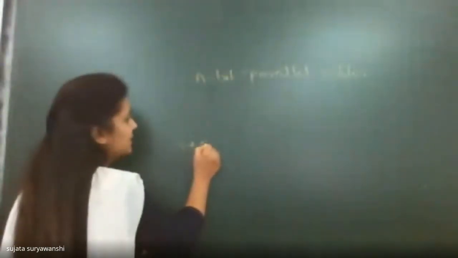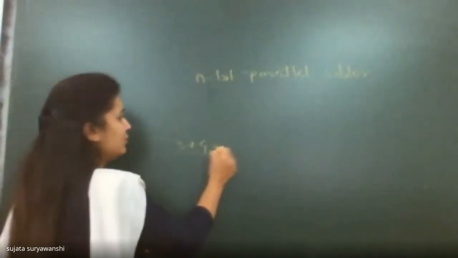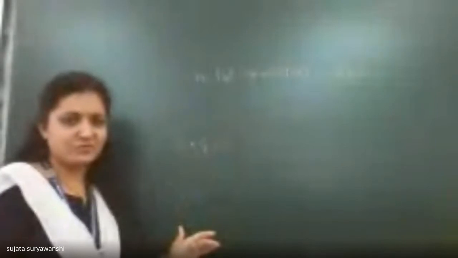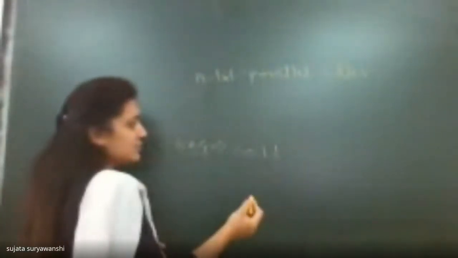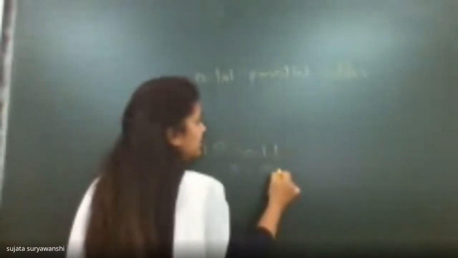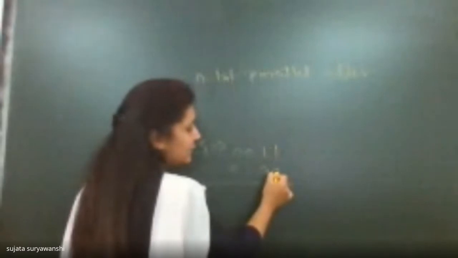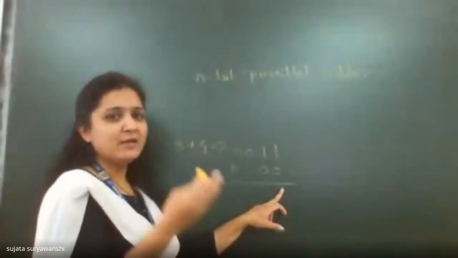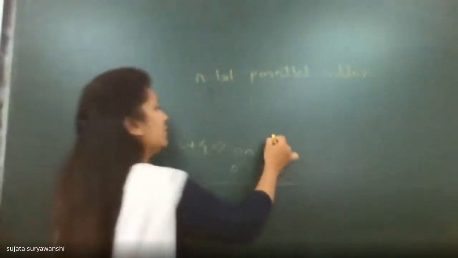But in practice, suppose you want to add 3 plus 4. If you want to perform this operation, then you need to write down the binary equivalent of each decimal number, and then you have to add the numbers. Suppose 3 can be represented by 0011 and 4 by 0100. Then you add 1 with 0, and since this is the first operation, the carry is not generated here, so carry is 0.